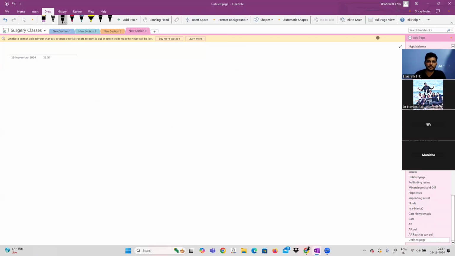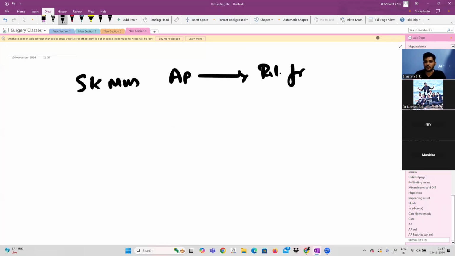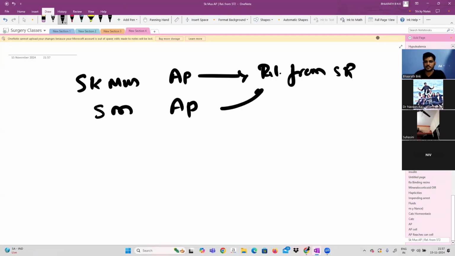So what happens in a skeletal muscle is that once the action potential reaches the cell, this will release calcium from the sarcoplasmic reticulum. And in smooth muscle, when the action potential reaches, it will release calcium from the sarcoplasmic reticulum. Along with that, it will also cause influx of calcium through voltage-gated and ligand-gated calcium channels.